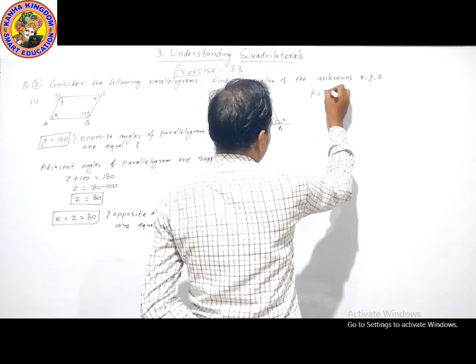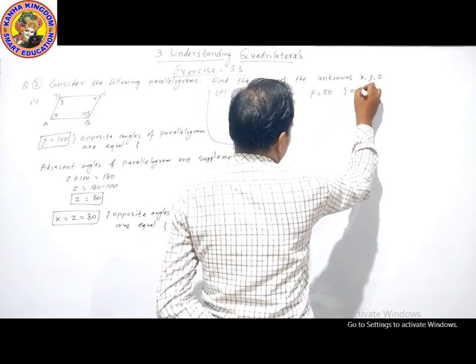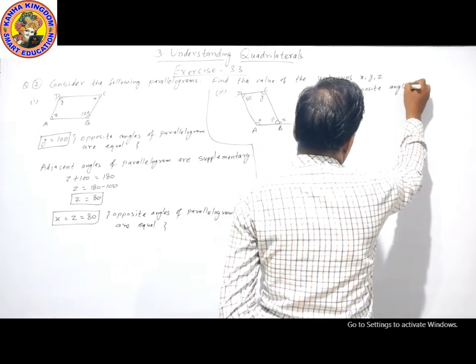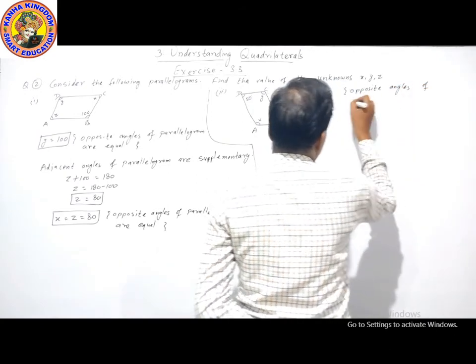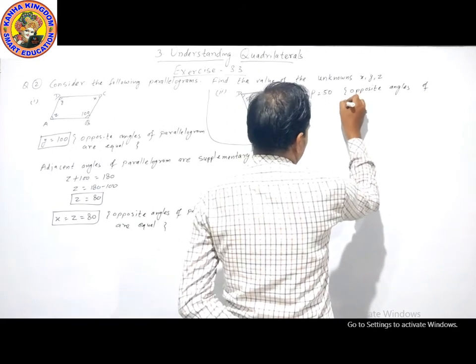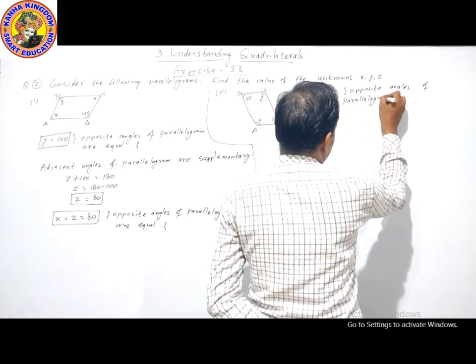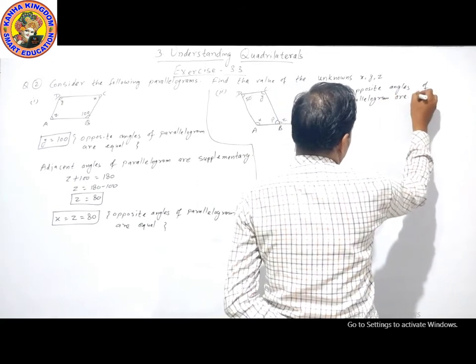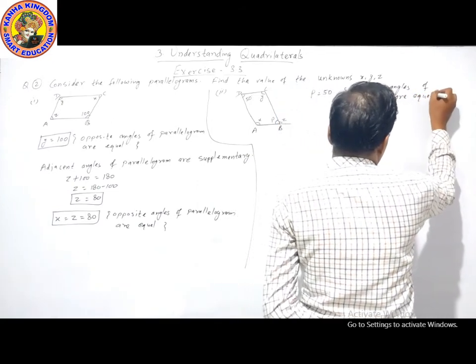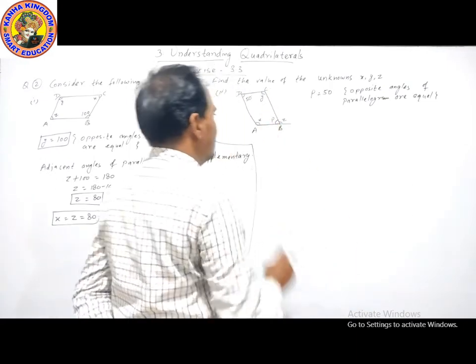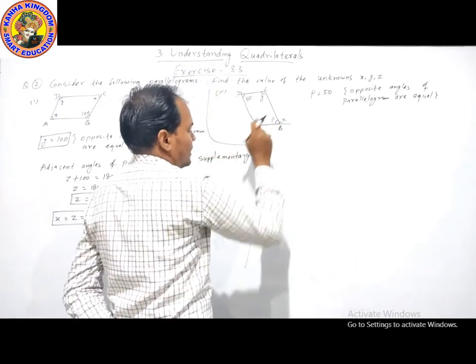Opposite angles of a parallelogram are equal. So P is equal to 50.